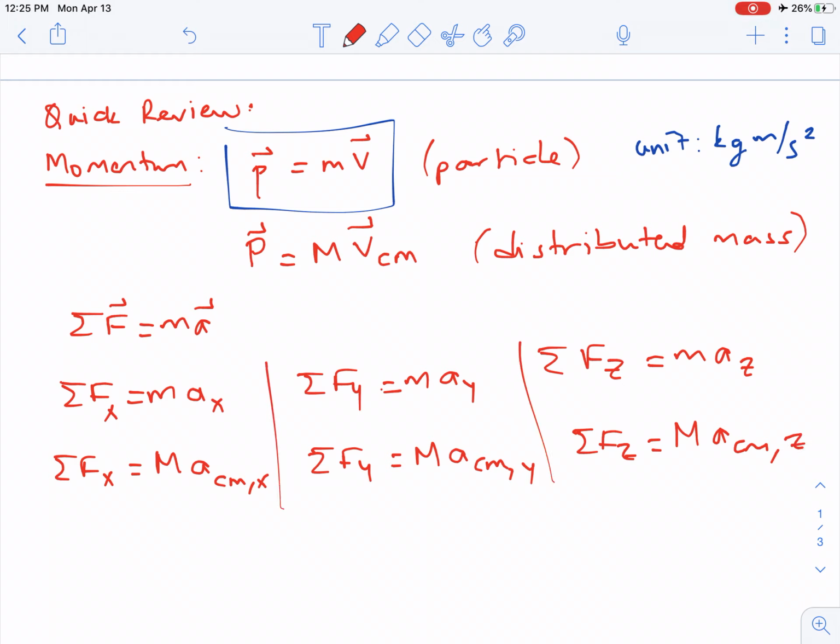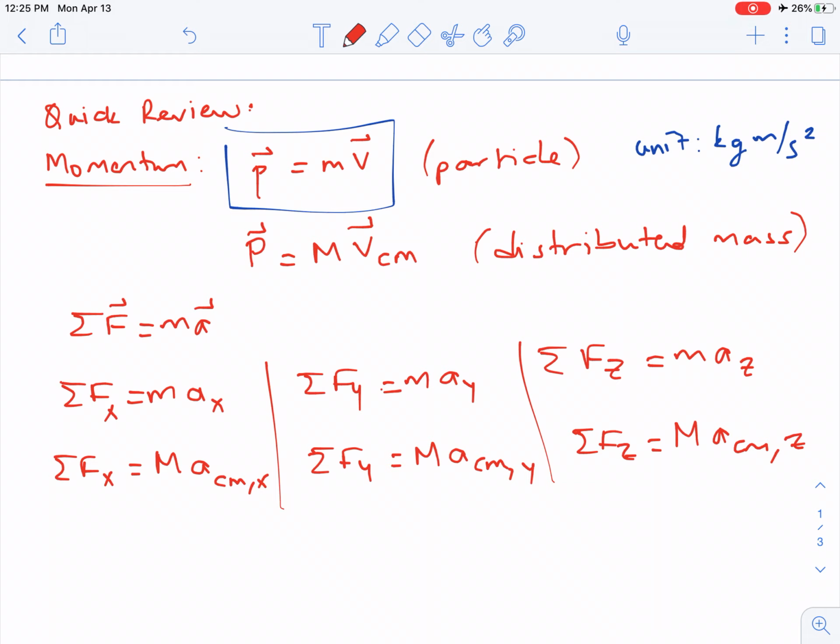Okay, so it's nothing new so far, but how do we introduce momentum to this? So we know that P is equal to mv, and sum of F equals ma. What is the relation between a and v? All right, so if I take the derivative of both sides of this momentum equation, what do I get?